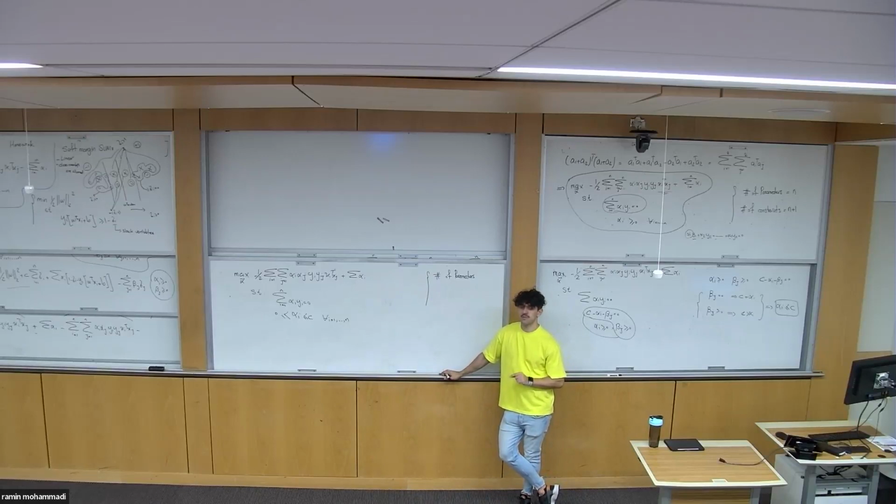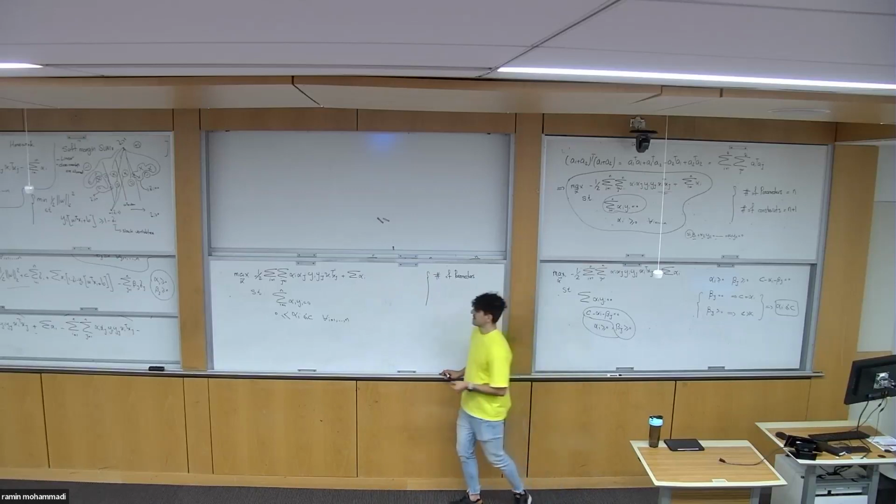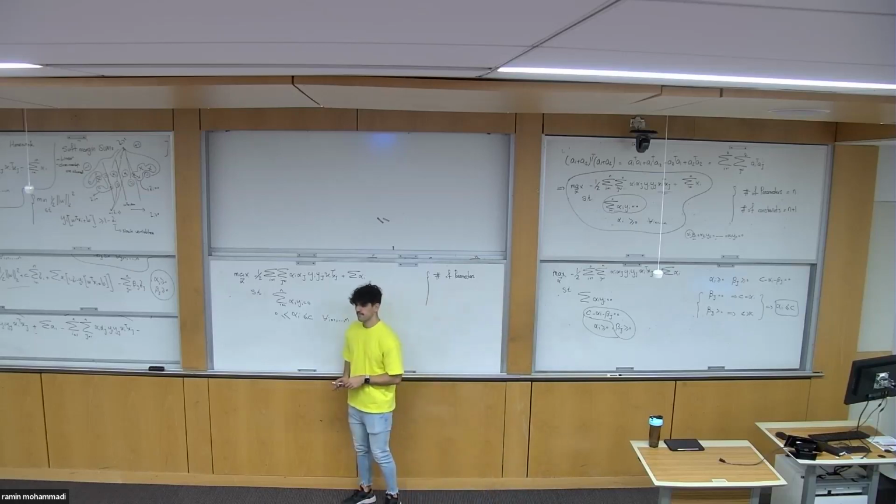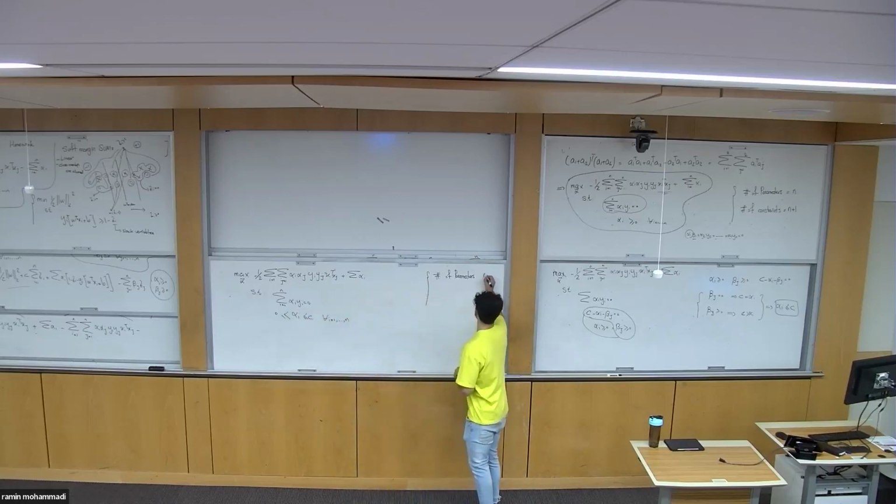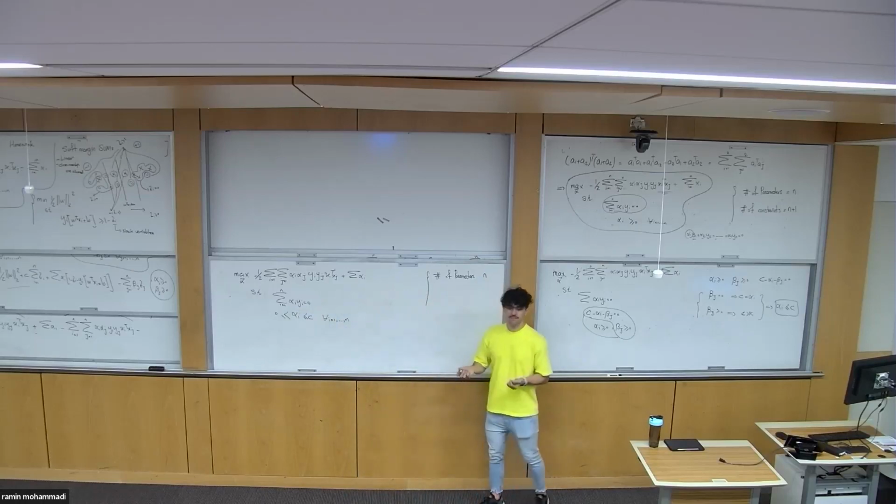Unknown parameters. How many parameters do you need to learn? We have N alphas. The summation term is a constraint; I'm talking about parameters. So you have N alphas basically.